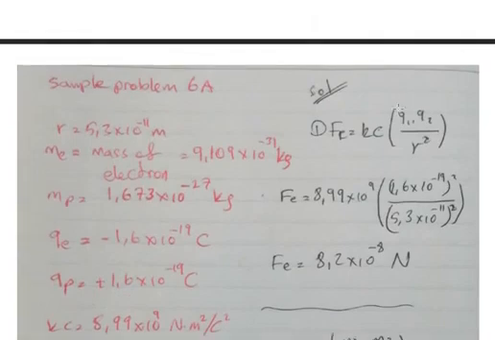The first part, we want to find Fe. Fe is the electrical force, which is equal to Kc times Q1 times Q2 over R square. Now both Q's have the same value, so we can write 1.6 times 10 to the power minus 19 squared.